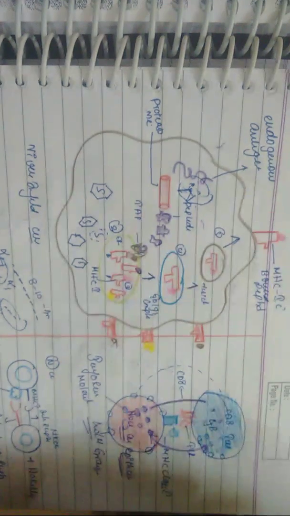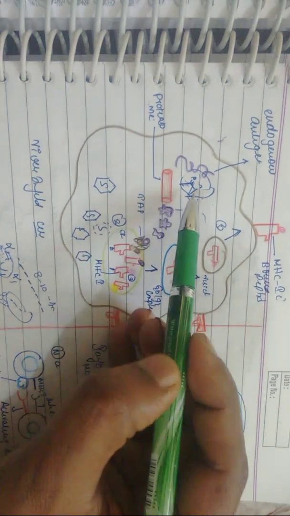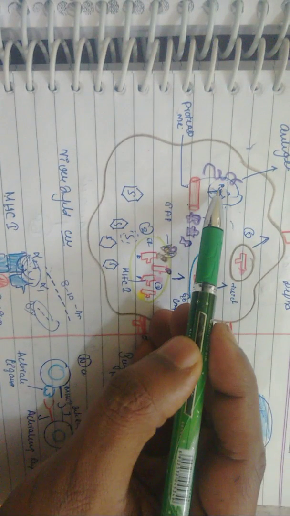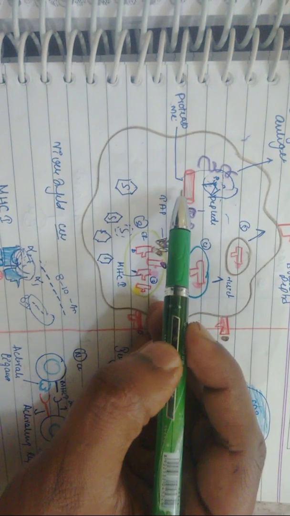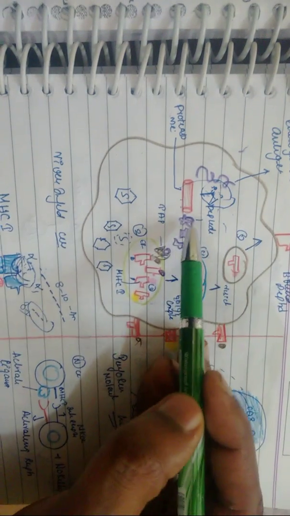Let's correlate with our notes. The first step, it's written that the endogenous antigen enters the proteosomes. What is a proteosome? A proteosome is nothing but it breaks the proteins. This peptide, this endogenous antigen, enters the red one, which is known as the proteosome.